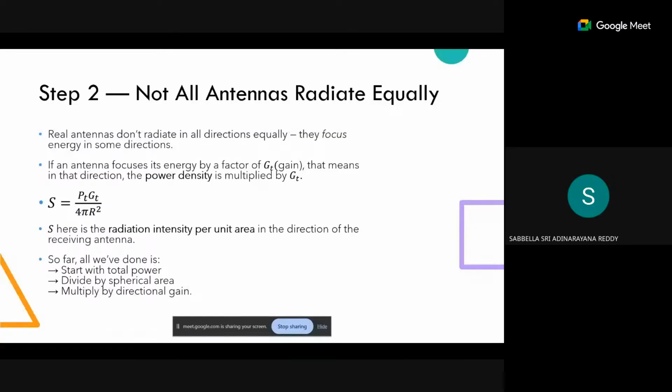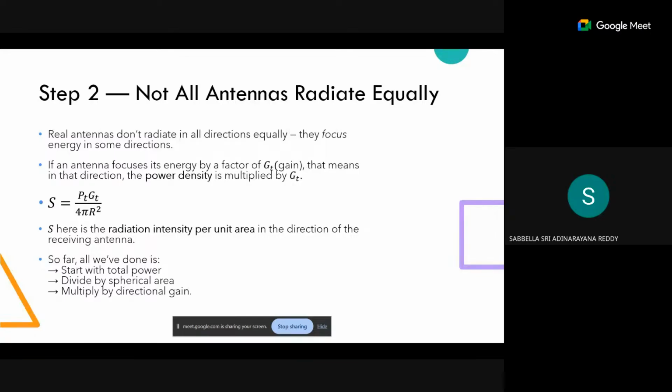We also have to introduce a new term, GT, where GT is the transmitting gain. Why should we introduce this term? If we are taking an isotropic antenna into consideration, it is going to radiate the power equally in all directions, right?